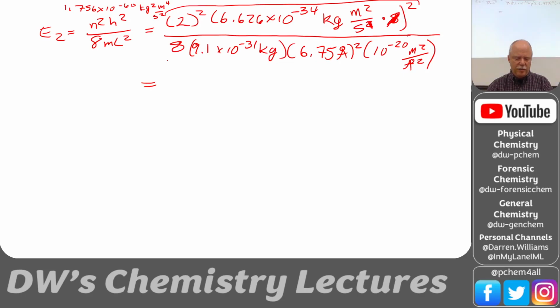All right, so then in the denominator, I have 8, enter, 9.1, 31, times 6.75 squared, times 10 to the minus 20.